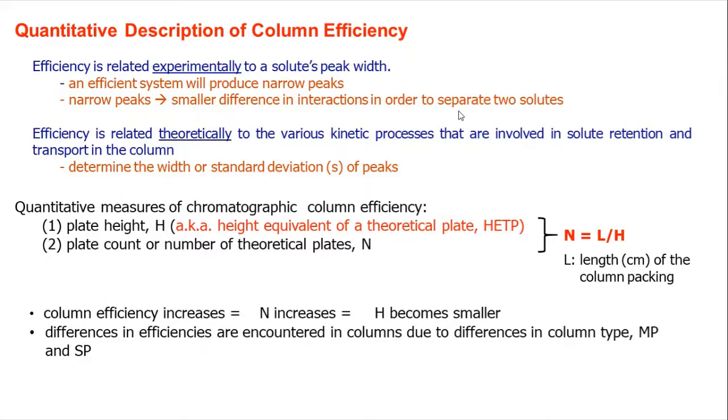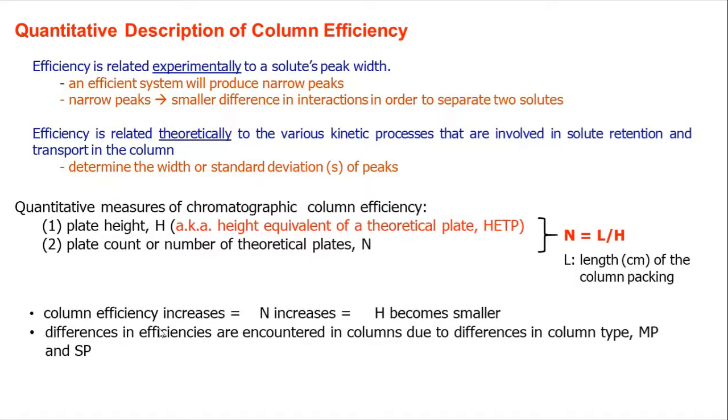Quantitative measures of chromatographic column efficiency are the plate height H, also known as the height equivalent of a theoretical plate or HETP, and the plate count, or the number of theoretical plates, which is N. N is equal to L over H, where L is the length in centimeters of the column packing.